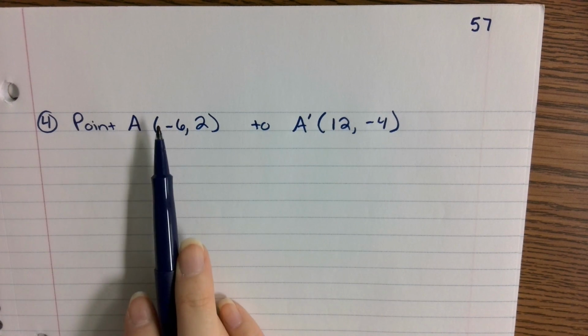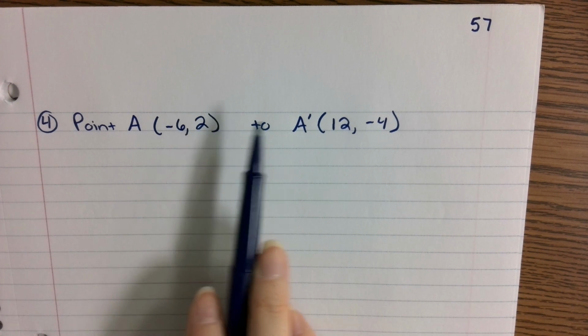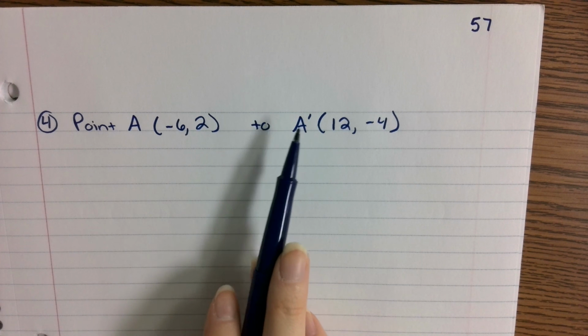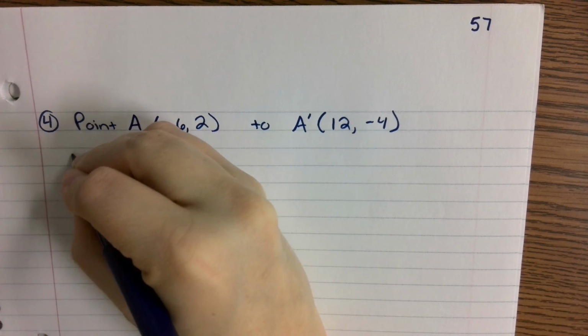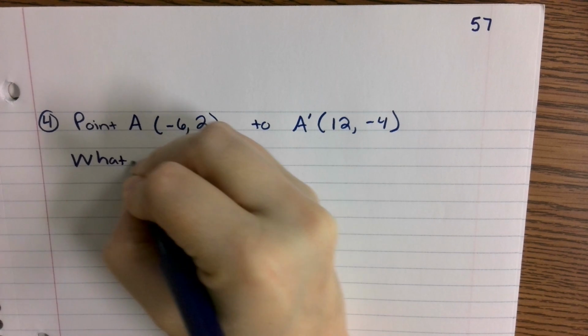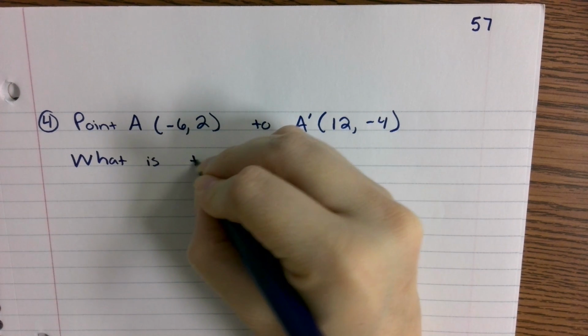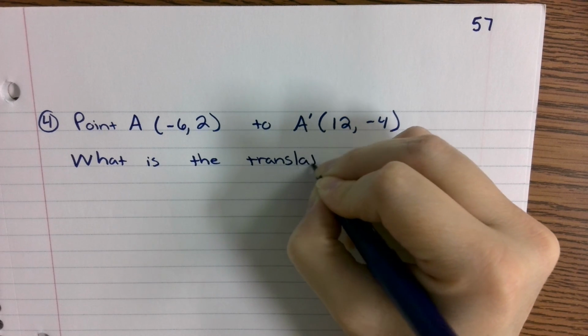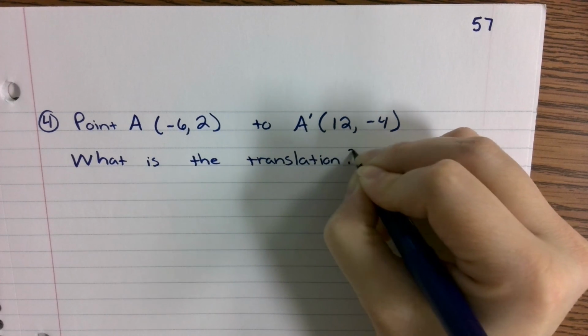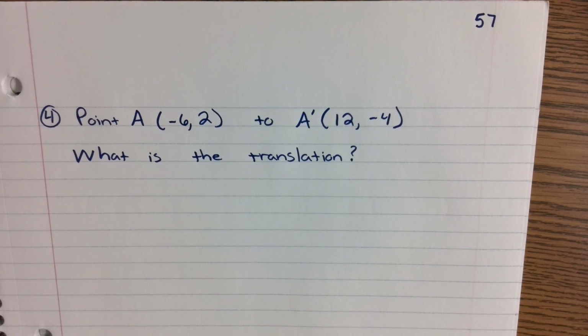So point A started at negative 6, 2, and when we translated it, it moved to A prime at 12, negative 4. What I want to know is, what is the translation? I want to know what the translation was.